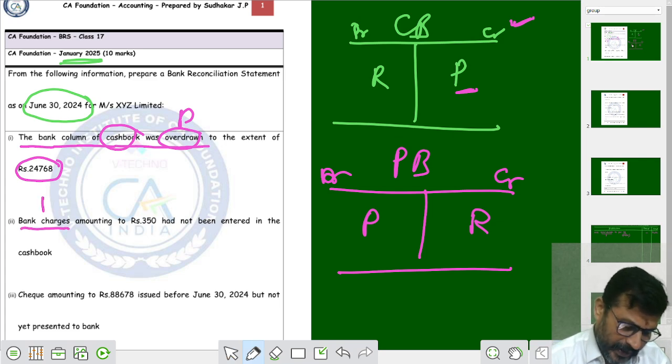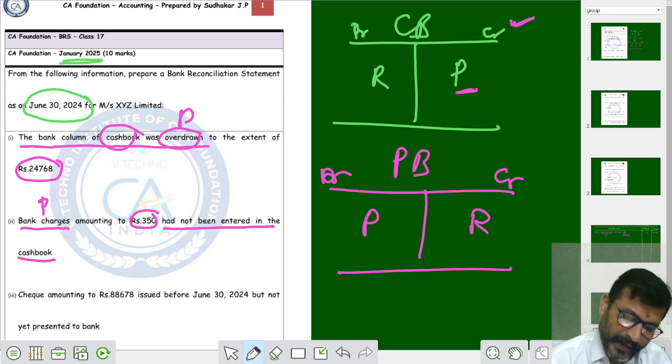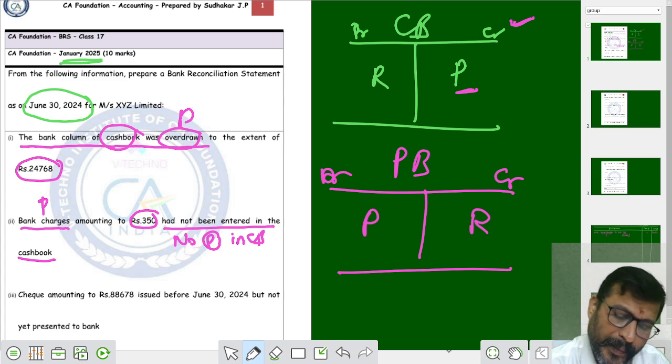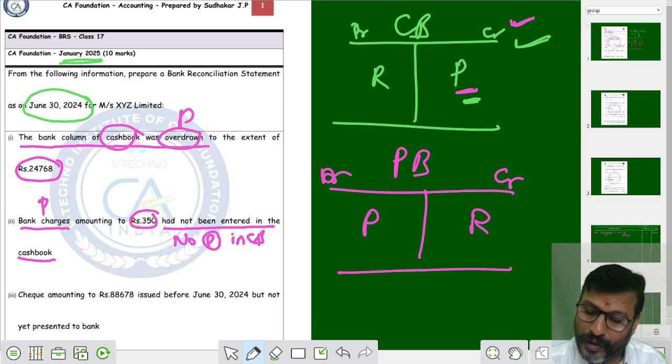Bank charges, which means a payment, amounting to rupees 350, had not been entered in the cash book. What do you mean by that? Not entered in the cash book means no payment in the cash book. When there is no payment in the cash book, it is to be taken on the same side because the entry is not recorded. Am I right?